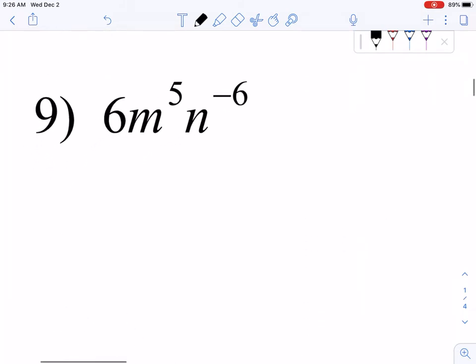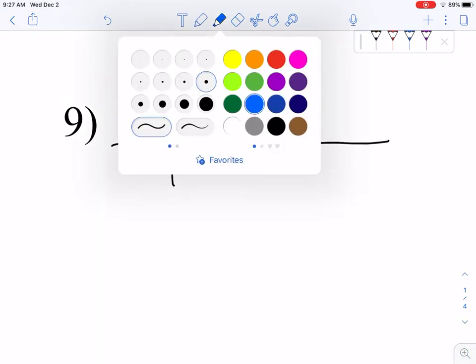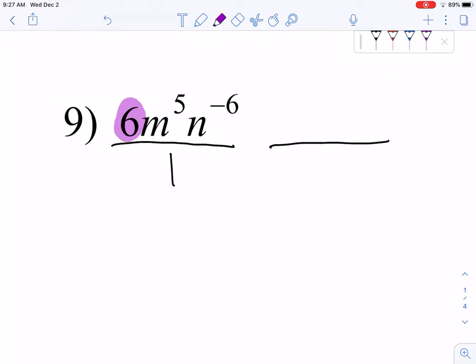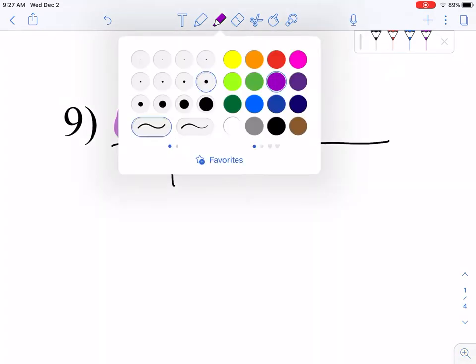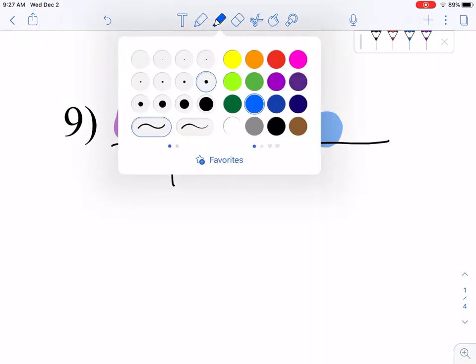This one has doubles going on here, some multiple terms. So again, this is all sitting over 1. And I'm going to move piece by piece here. So I'm going to take a look at my 6 first, my whole number. 6 doesn't need to move. M to the 5th doesn't need to move because it's positive. It's happy where it's at.